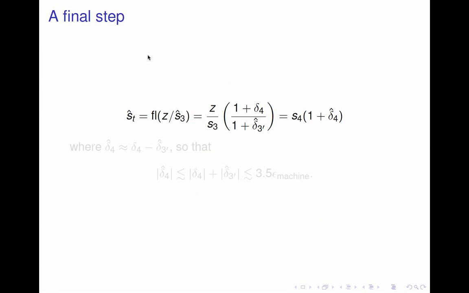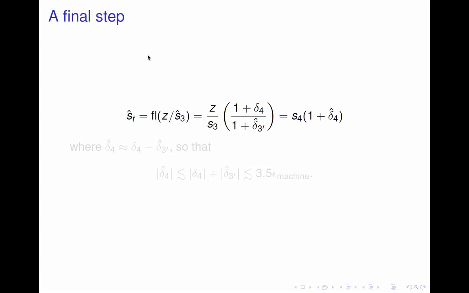Okay, so now does the division hurt us? Remember that multiplication and division can't actually amplify relative error. That's something that we briefly alluded to in the first video. So that means that our s hat 4, I screwed up a subscript, but that's okay, is going to be the true value of s4 times 1 plus delta 4, so that's the piece of the error that we picked up from doing the floating point division, divided by 1 plus delta hat 3 prime, so that's the error that was inherited from the computation of s3, right?